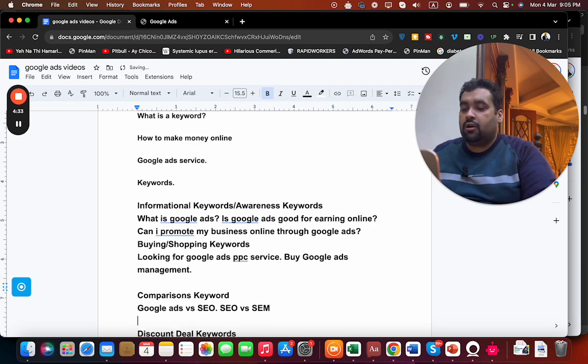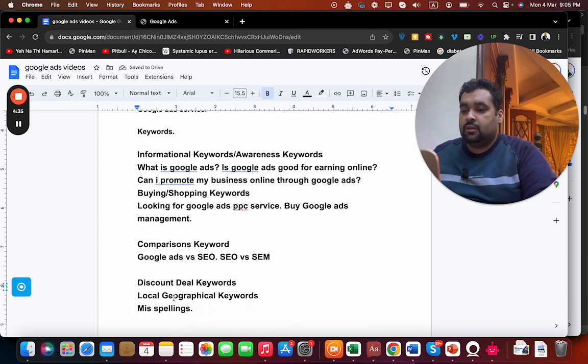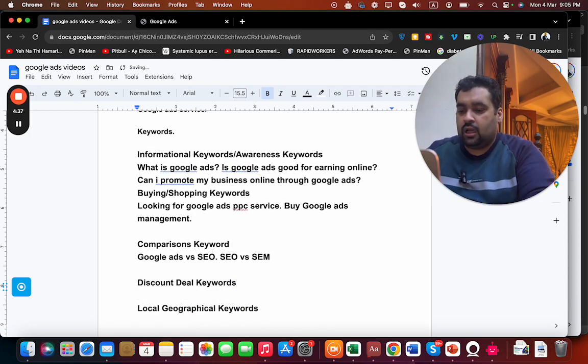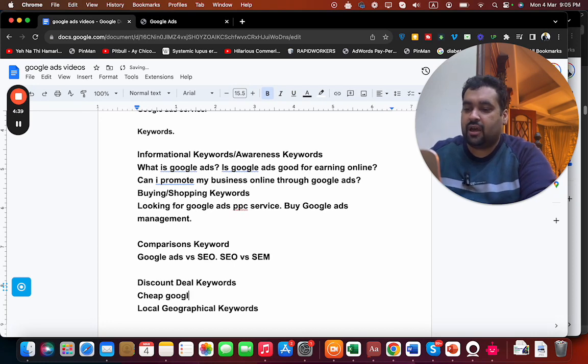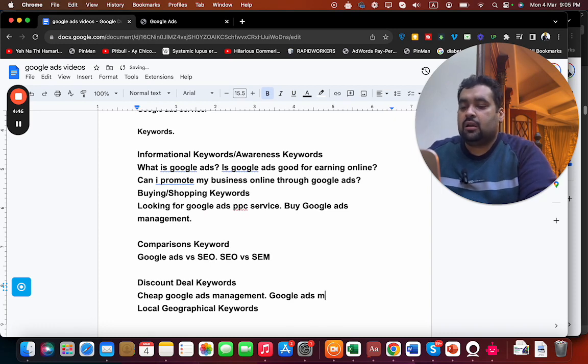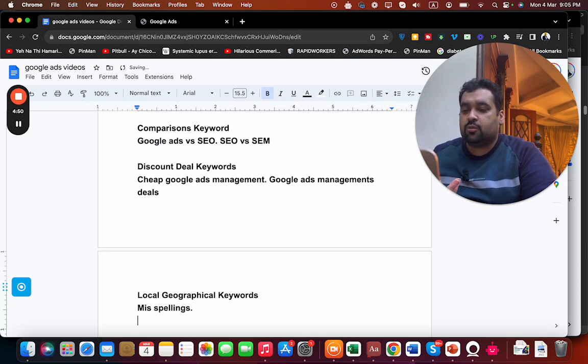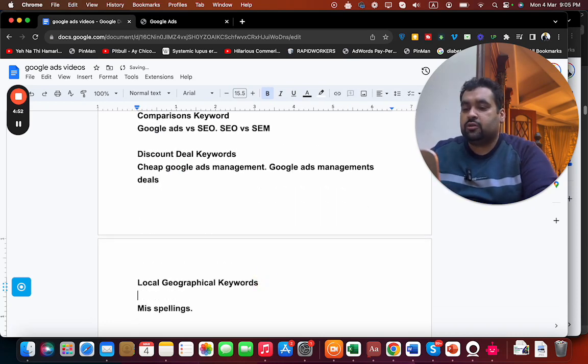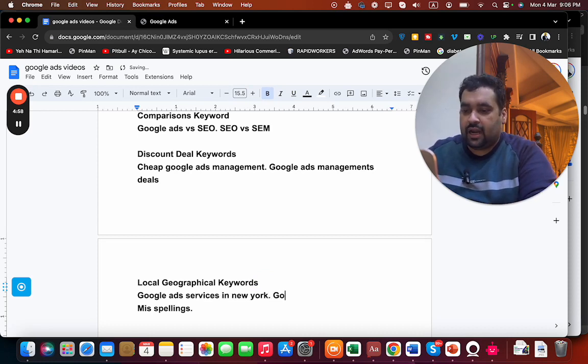Now the discount or deal keywords can be like cheap Google Ads management, Google Ads management deals, promos. Keywords like these can be deal or promo keywords. Geographical keywords could be like Google Ads services in New York, Google Ads services in London.